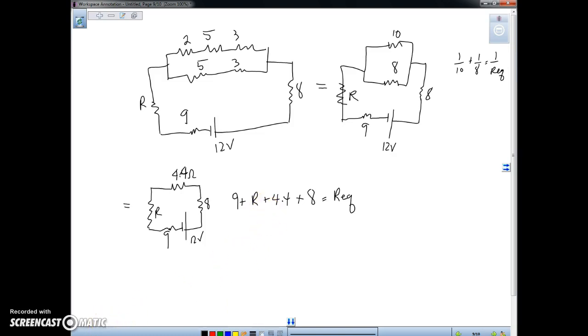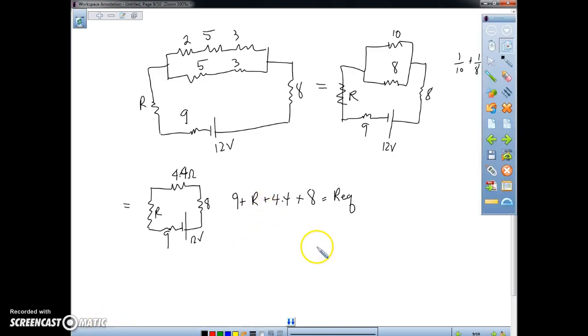So we're almost done here because we really can't solve it anymore. If you notice, we could kind of reduce this down. So 8 plus 4.4 plus 9. R plus 21.4 equals REQ. And quite technically, that is all we know.